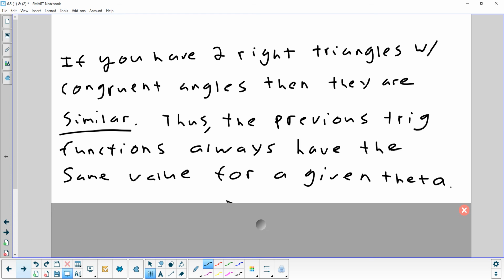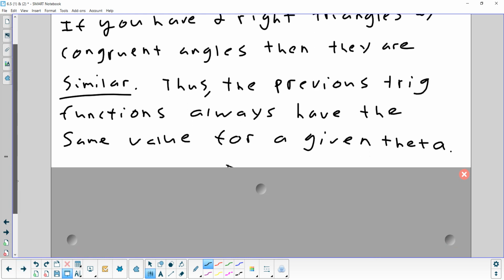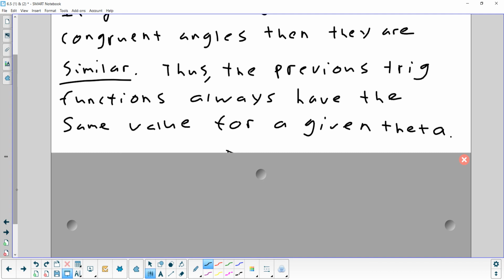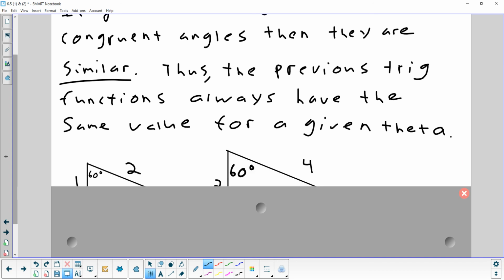So the trig functions that we just defined will always have the same value for any angle. It doesn't matter if you have a 20-degree angle in a really tiny triangle or a 20-degree angle in a ginormous triangle. The sine of 20 degrees is always the same. Doesn't matter the size of the triangle.